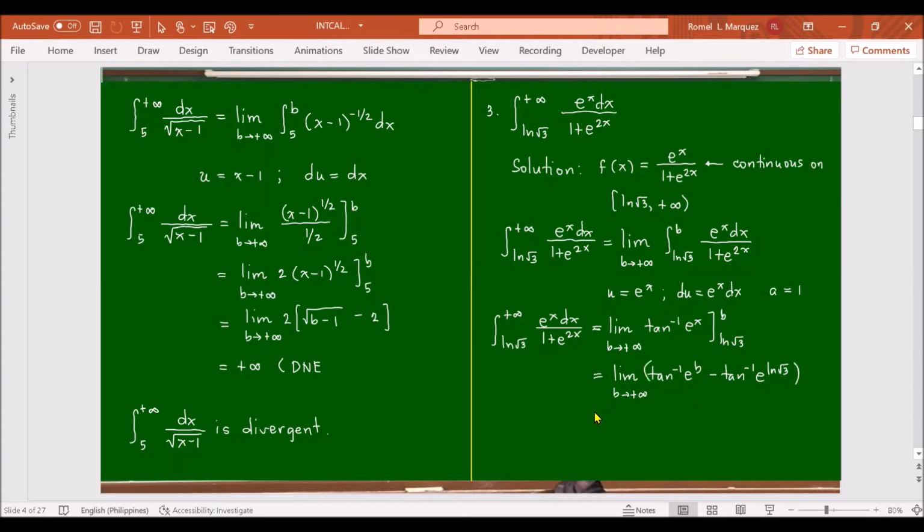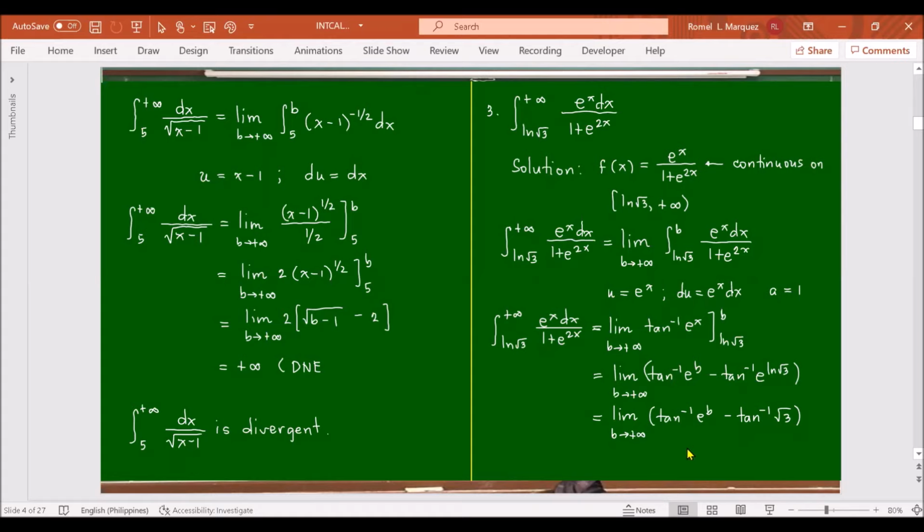So this is equal to the limit as b approaches positive infinity of tangent inverse of e to the b minus, now from one of the properties of logarithms, if we have e to the logarithm to the base e of square root of 3, this is simply square root of 3. Hence, we have inverse tangent of square root of 3. Okay?